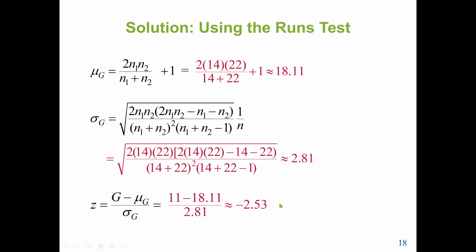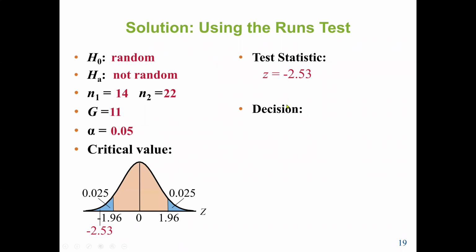2.53. So now we go back and look for where negative 2.53 fell. It fell in the blue area. So here we are going to reject H0. Our acceptance values will be from negative 1.96 to positive 1.96.